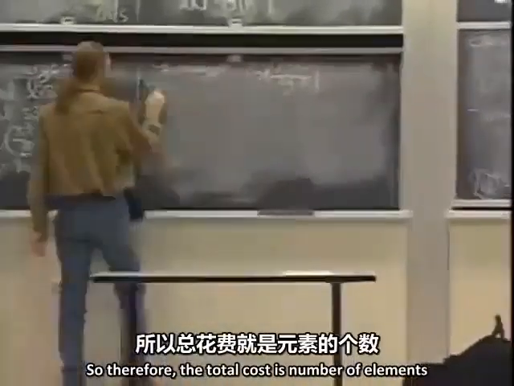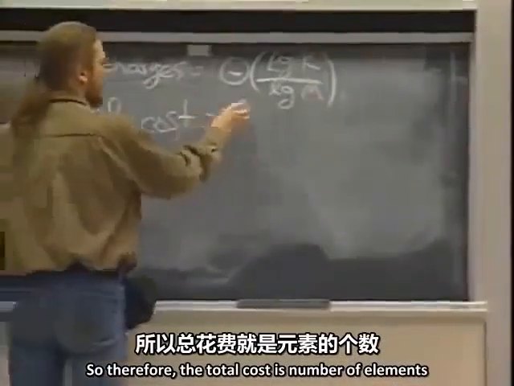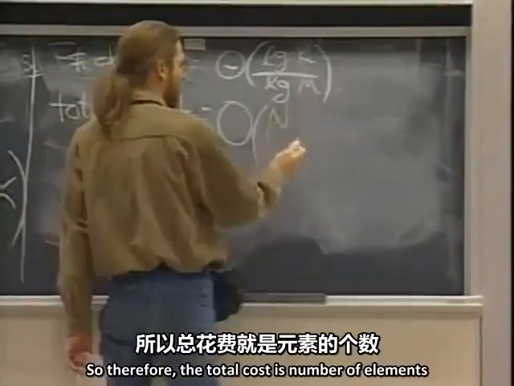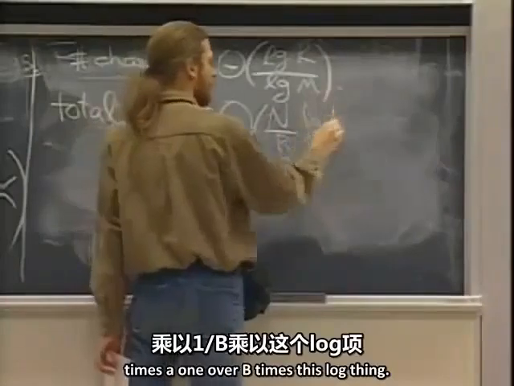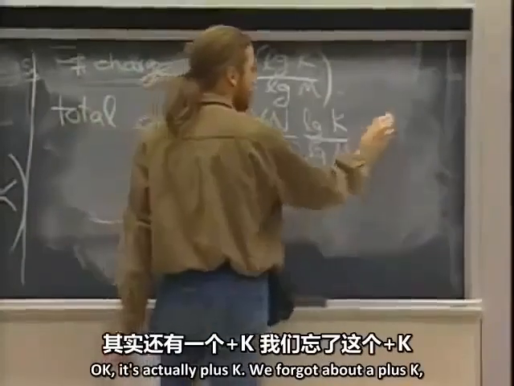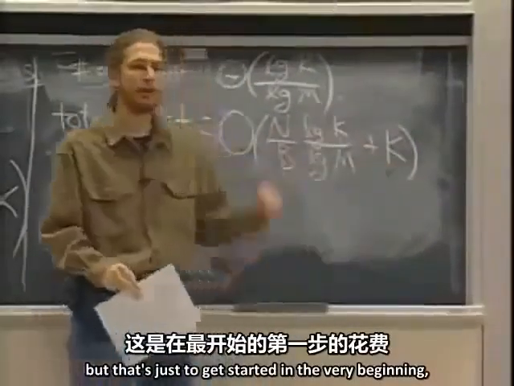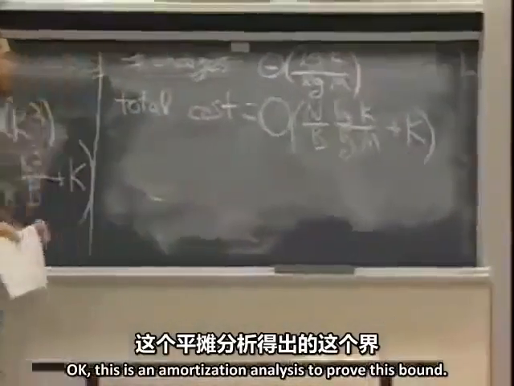So therefore, the total cost is the number of elements times 1 over b times this log thing. Actually, it's plus k. We forgot about a plus k, but that's just to get started in the very beginning and start on all of the input lists.